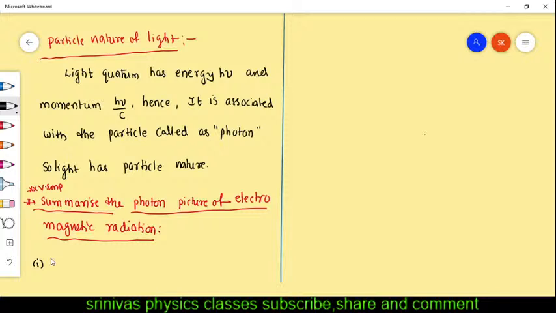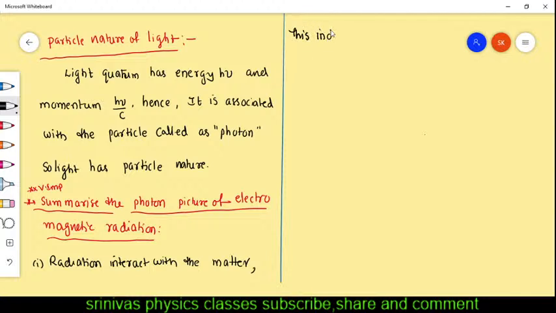That is, we know that radiation, if you have doubts you can write in the chat box, radiation interacts with matter.